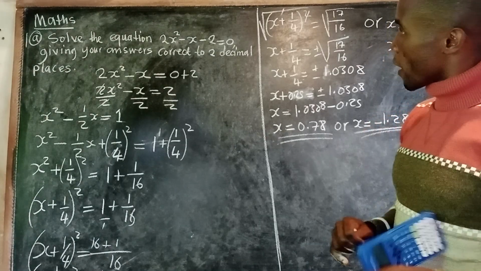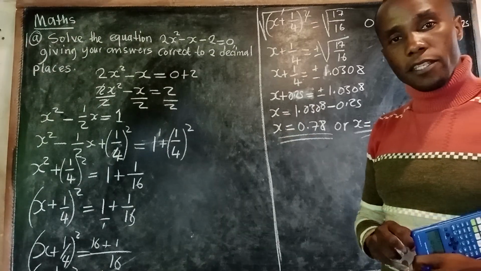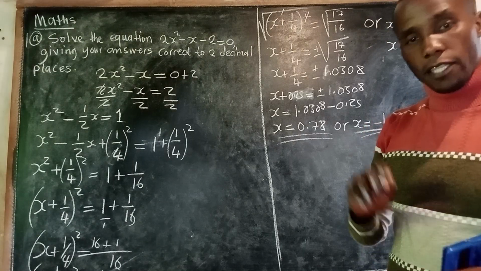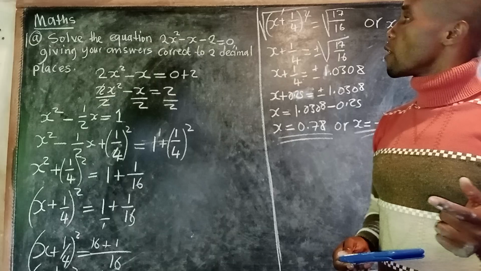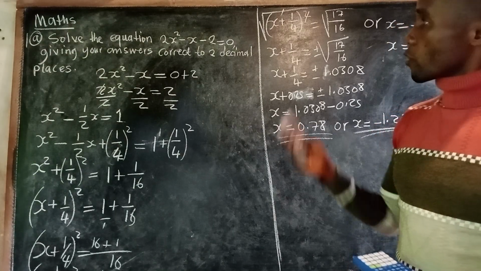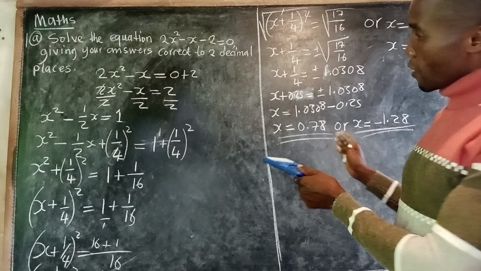The reason why I'm discouraging the factorization method is that it has limits. There are certain questions that method can't work for. So just stick to this. This is the way to go.